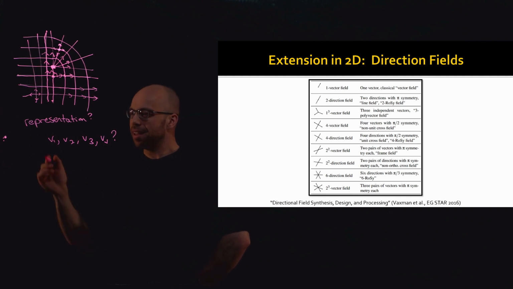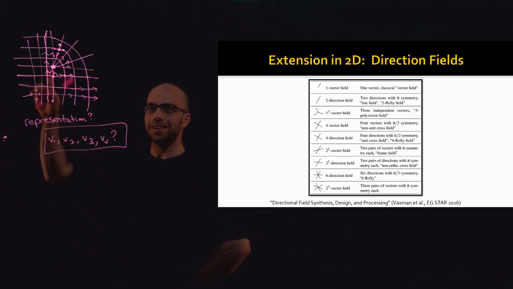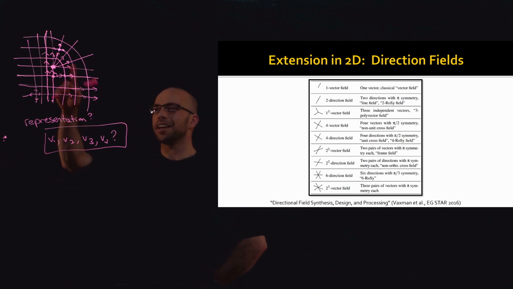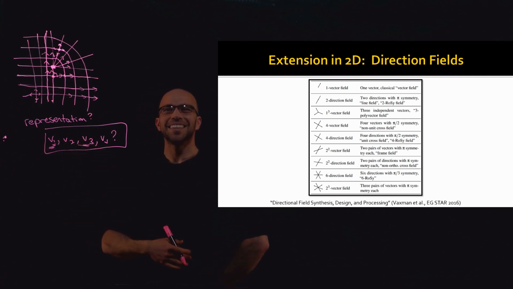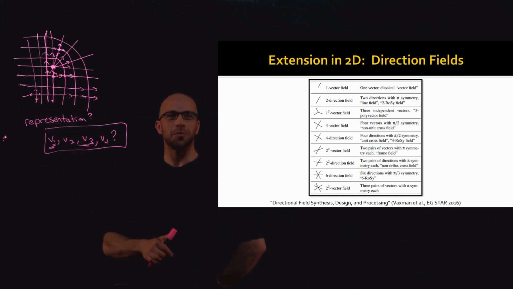What does that mean? That means that this representation of thinking of a 4 field, these 4 directions at every point, actually kind of failed me thanks to the topology that I've set up here. I went around the singular point that I've constructed, and what I used to call maybe v1 turned into v3. The reason for that is that I have 4 directions, but I haven't labeled which one is which.